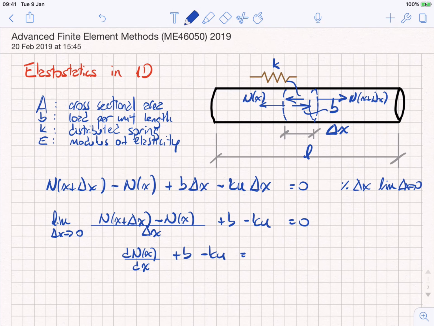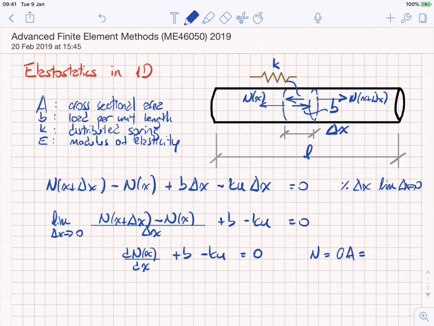And what was the axial force in this case? Well, the axial force, as all of you know from previous courses, can be written as the stress times the cross-sectional area at that location.